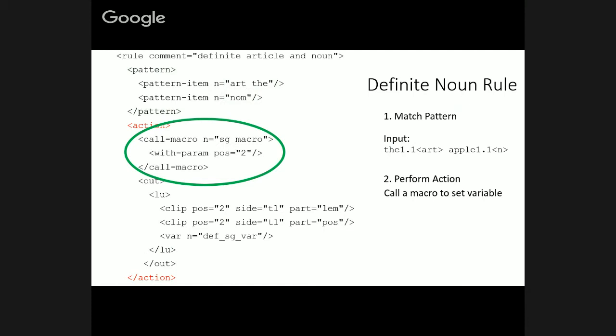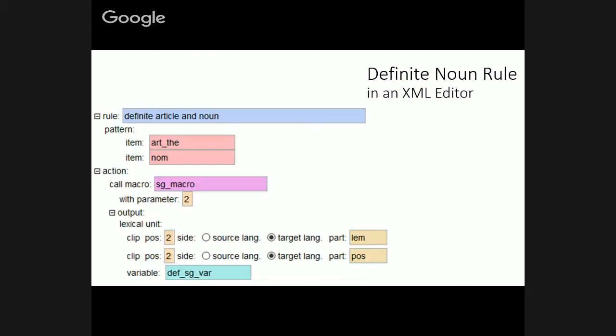It's got some if-then logic in there. We do the output again. We get the lemma. We get the part of speech. We get the contents of this variable outputted as well. And that's the rule. It turns this input into that output. In the nice-looking XML editor, it looks something like this.